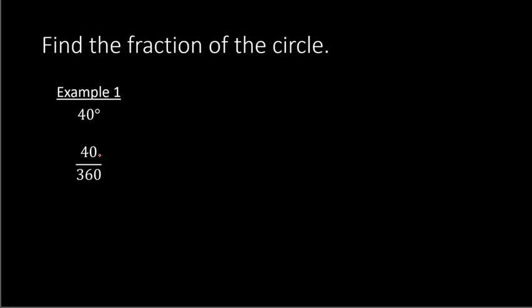So we take 40 divided by 360, and we can simplify by dividing top and bottom by 10. That gives us now 4 over 36, which you can reduce by dividing top and bottom by 4. That gives you 1 over 9. So our solution is that 40 degrees is 1/9 of the way around the circle.